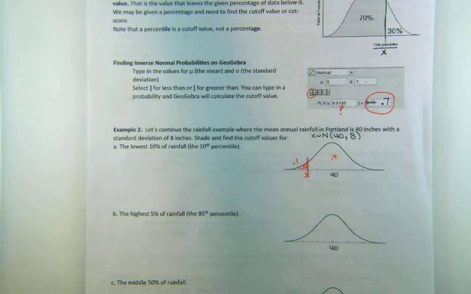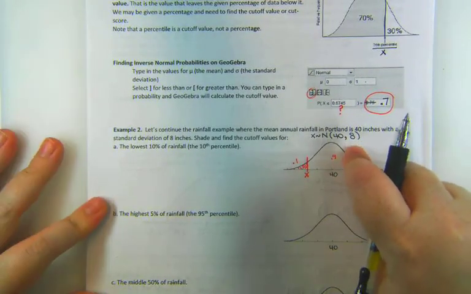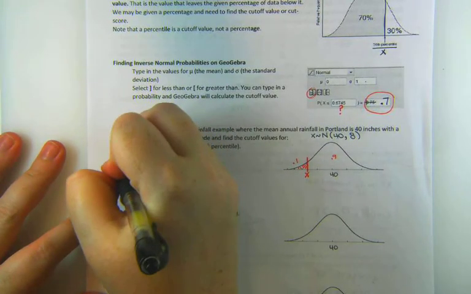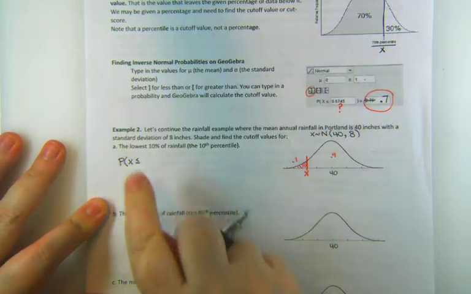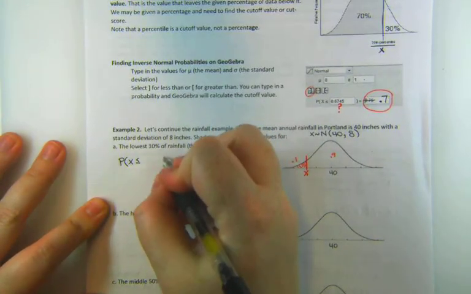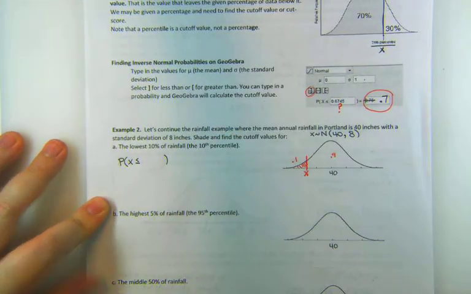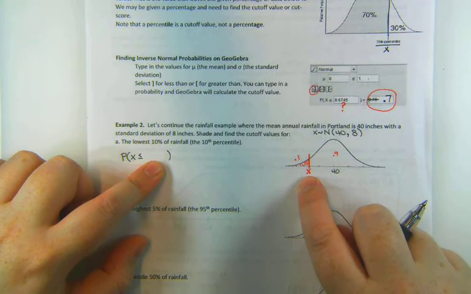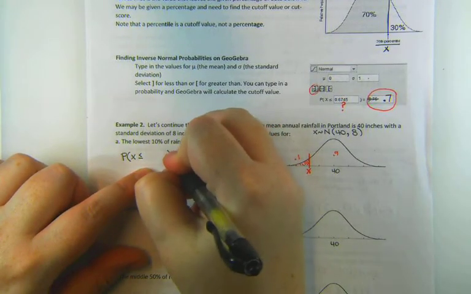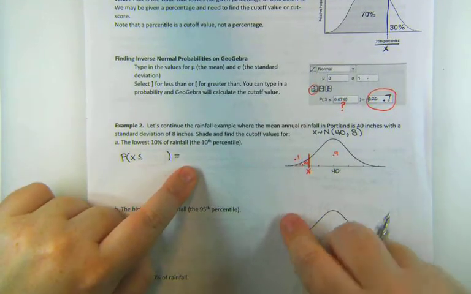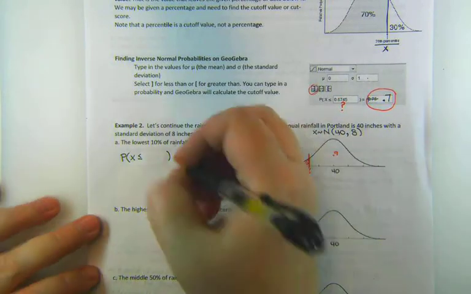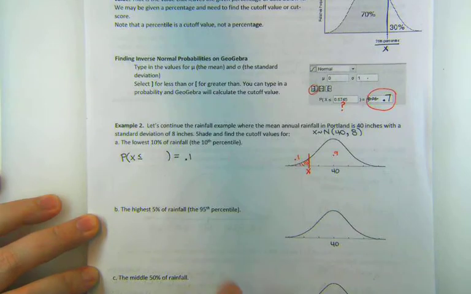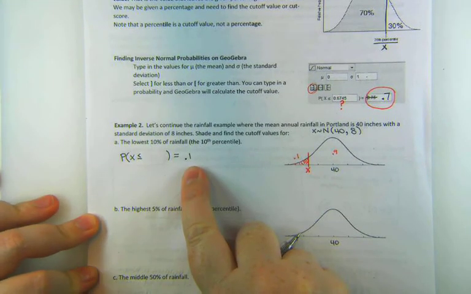I want some cutoff point, and 10% left is going to be a small area, so maybe I'm about here, just estimating. We want to know what this value is, but what we do know is that to the left, we have 10% of our data. And with that comes that there's 90% of the data to the right of it, so you can use that complement rule. What I would do in GeoGebra is have my mean and standard deviation in there. I'd want to find P of X less than or equal to, and then this part, I wouldn't plug anything into GeoGebra because I don't know what value goes there.